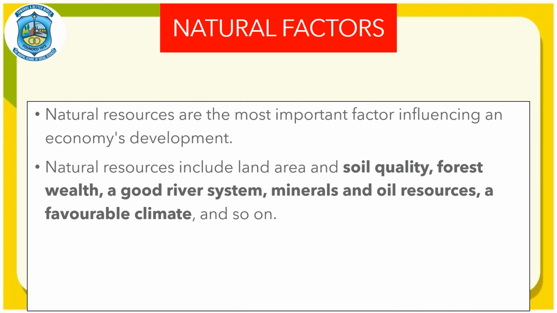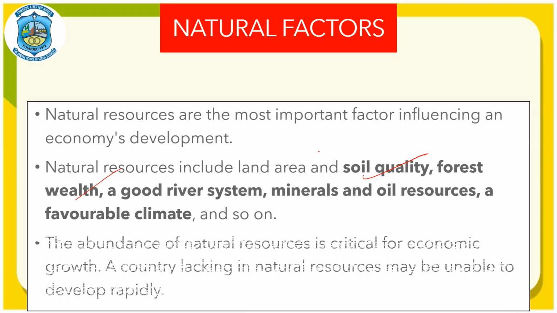Natural resources include land area, soil quality, forest wealth, and good river systems, like we had the Indus, the Ganga, the Brahmaputra and the South Indian rivers, minerals, oil resources, a favorable climate and so on. And the abundance of natural resources is critical for economic growth.